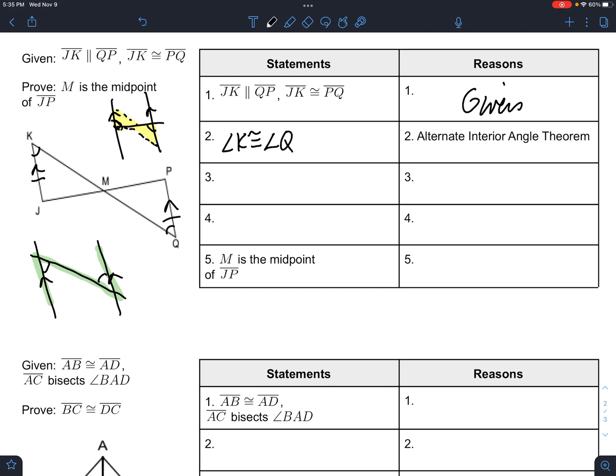These angles, which are still in the Z, if you draw the Z like this, basically these match up as well. And this is a little hard to see, but we've seen it before. J and P are going to match up too. And that's what's a little tricky about this one, is there's two statements in one.